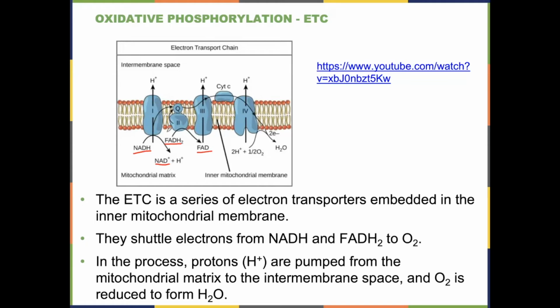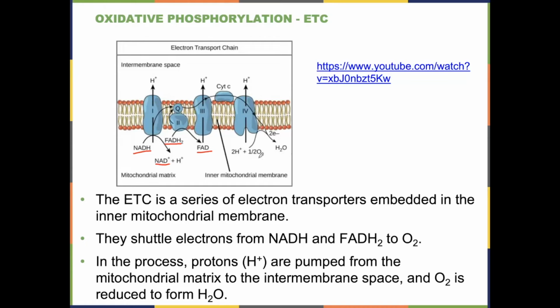And the reason this is called an electron transport chain is because their electrons are actually passed down the chain here between the different proteins. And as we mentioned, an electron can't just float off into space. There must be something at the end of this chain to finally accept them, where the electrons come to their final resting place.